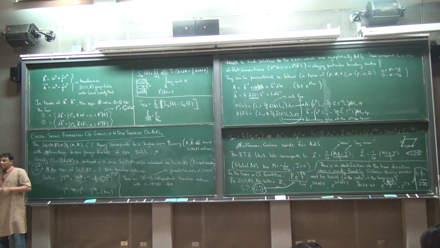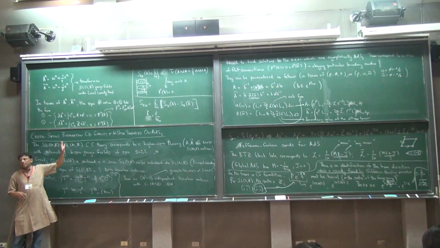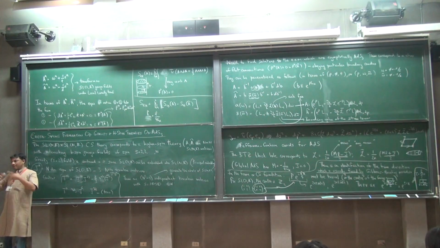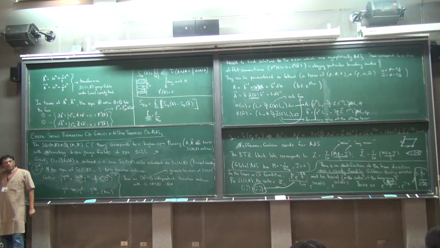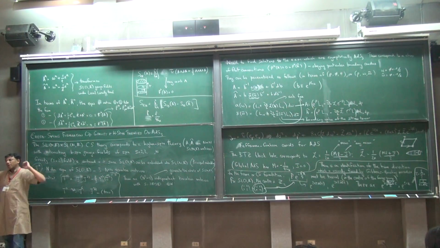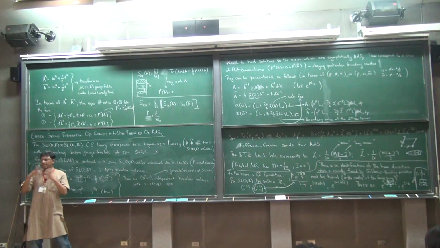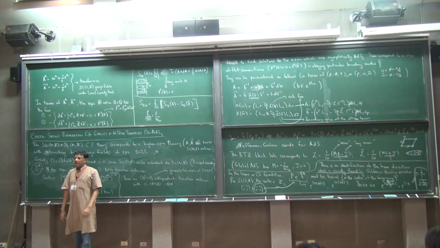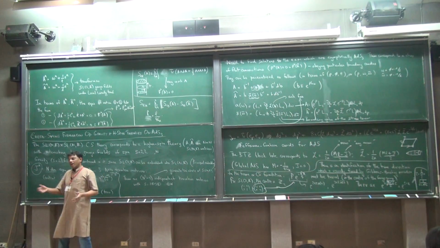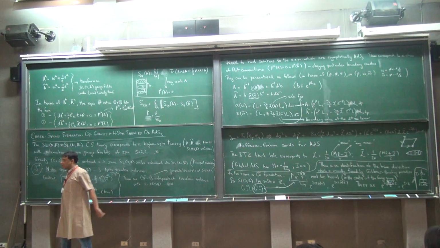All those gauge transformations together combine into this bigger SLN R transformation, but they are intertwined. The diffeomorphism cannot be separated out from the others. They are all part of a bigger nonlinear gauge transformation. You can see that feature very nicely in this SLN R, which is more difficult to see in the full Vasiliev theories in general. But here this is a simple toy model of that full nonlinear structure.